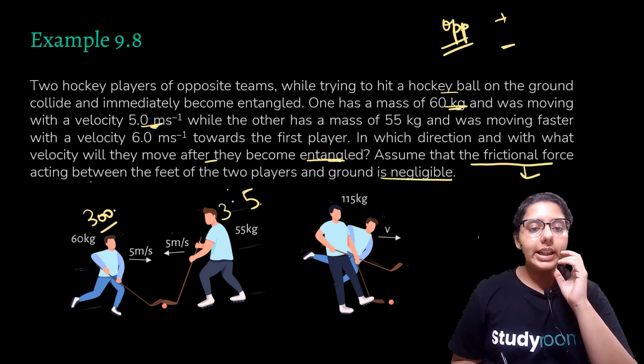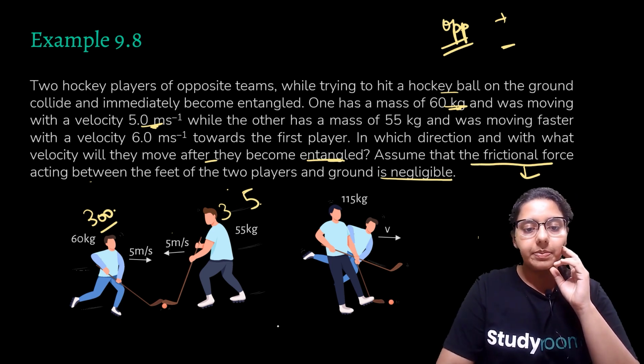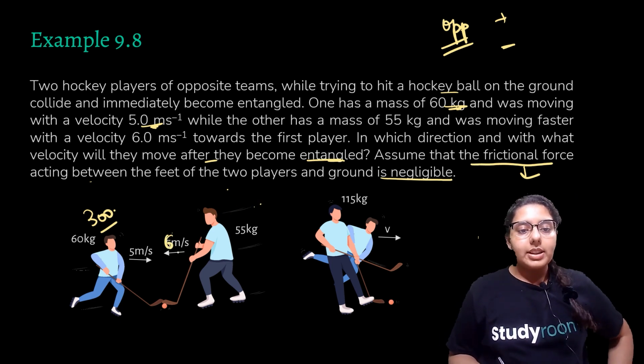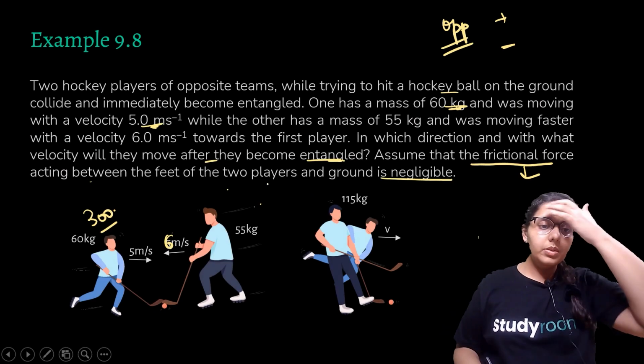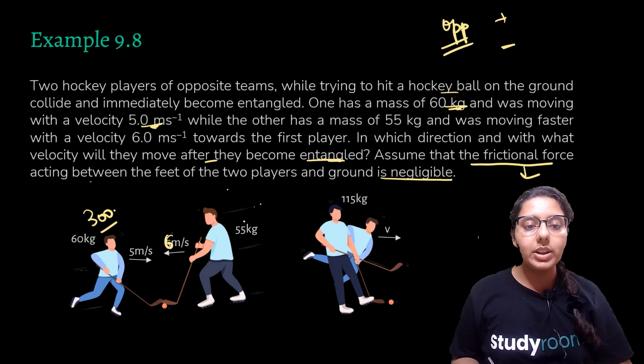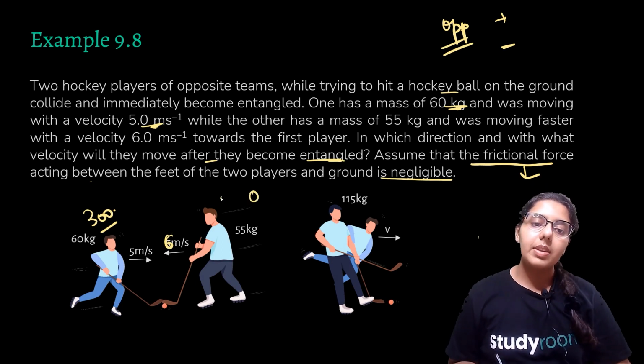Its initial velocity is 6, no? So 55 into 6, which is 330.